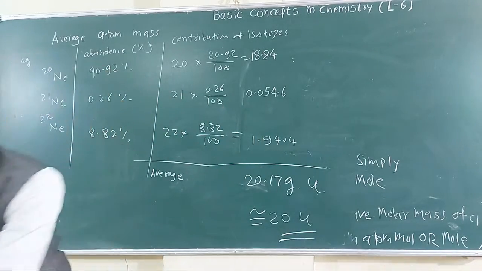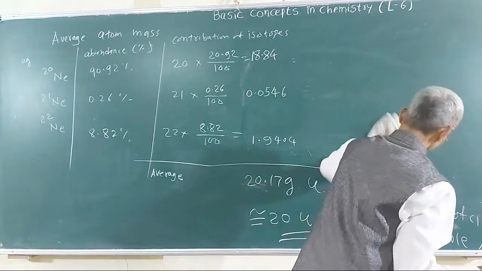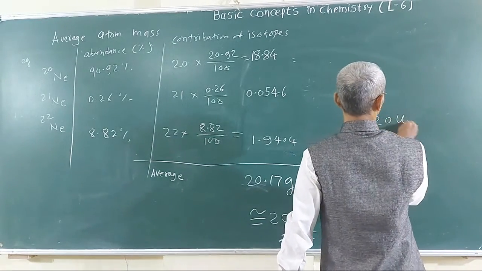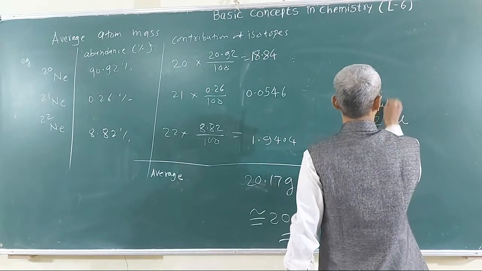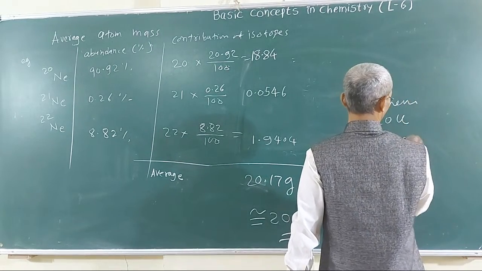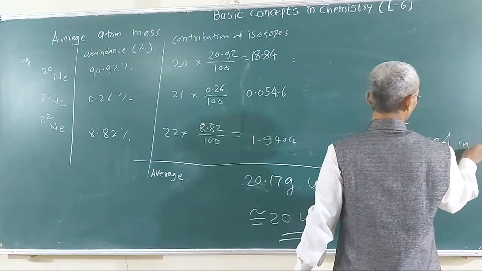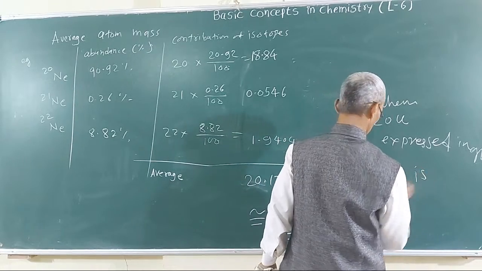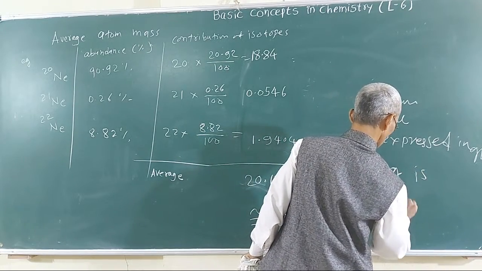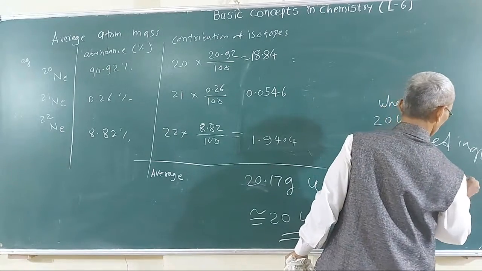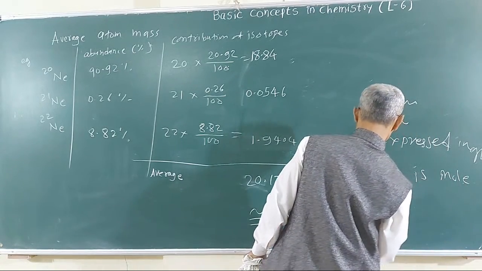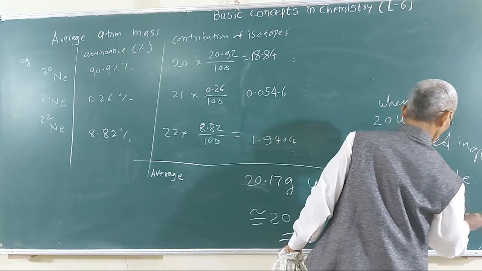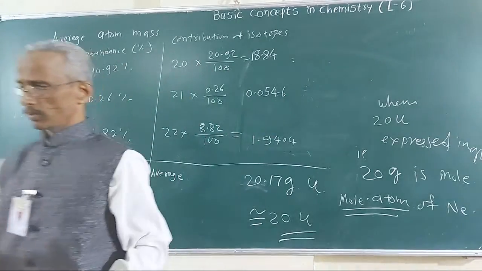As per our definition, when this unified mass is expressed in gram, that is 20 gram, it is the atomic or molar mass. Okay, I am going to stop here.